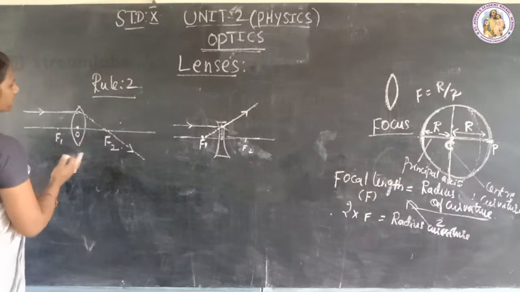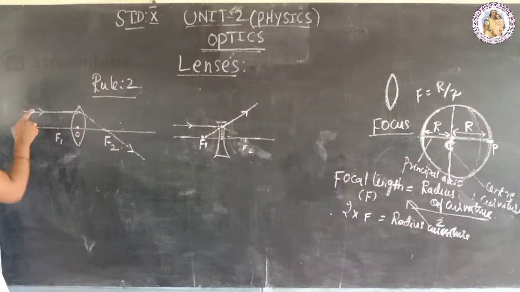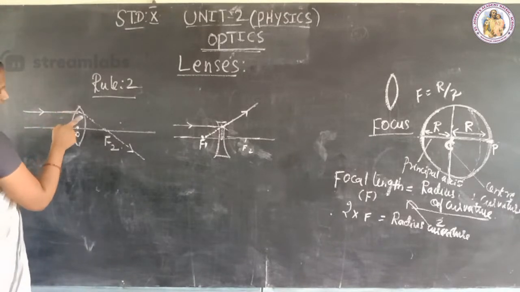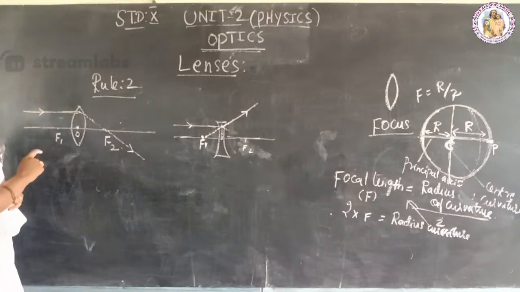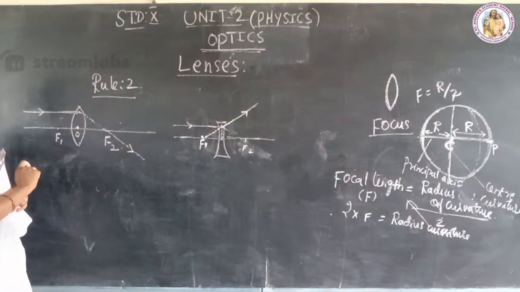And in rule 2, when the ray parallel to the principal axis passes through a convex lens, after refraction it converges through the focus. In the concave lens it's also the same.